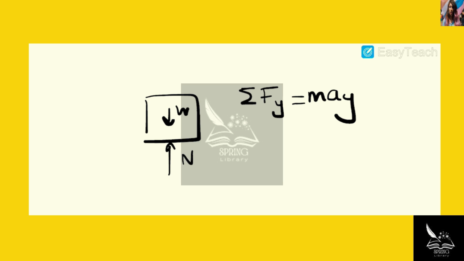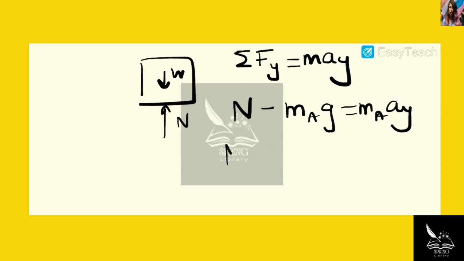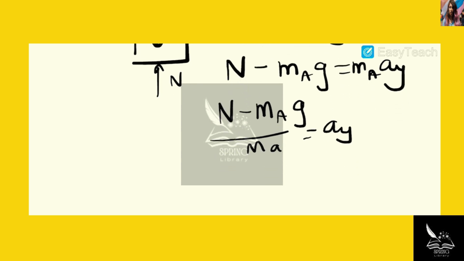So therefore we can see that the net force on this block is going to be equal to N minus Ma g, which is equal to Ma ay. We can go ahead and directly solve for this acceleration, and that's going to be equal to (N minus Ma g) all over Ma, which is equal to ay.